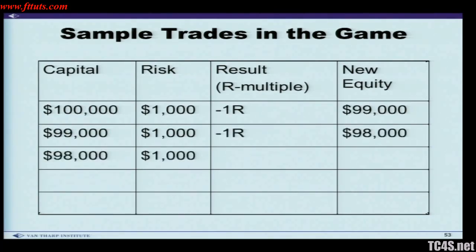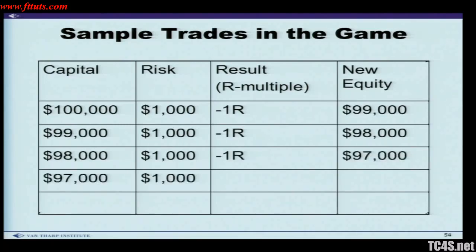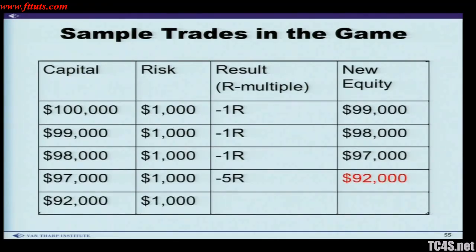You lose 1R again. You have 98,000. You risk 1,000 again. You lose 1R. You have 97,000. You risk 1,000 again. Now you get a 5R loss, and you're down to 92,000.